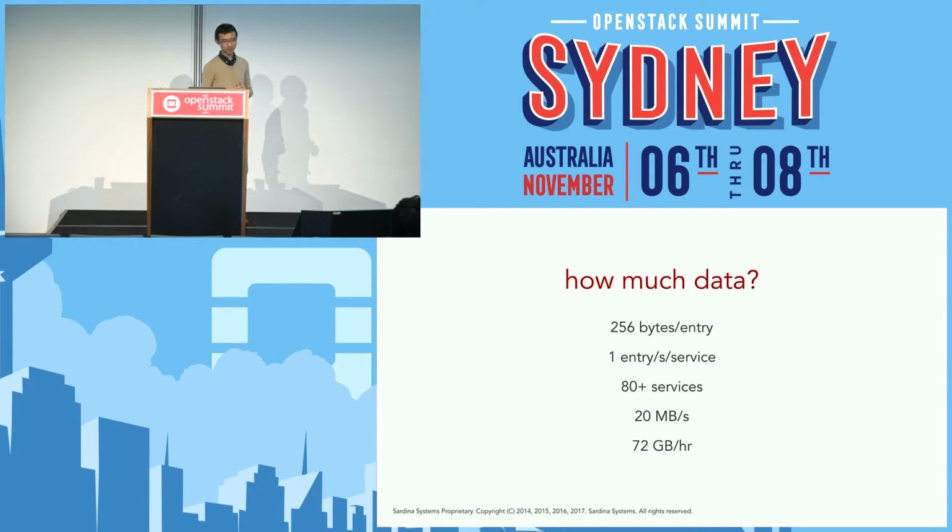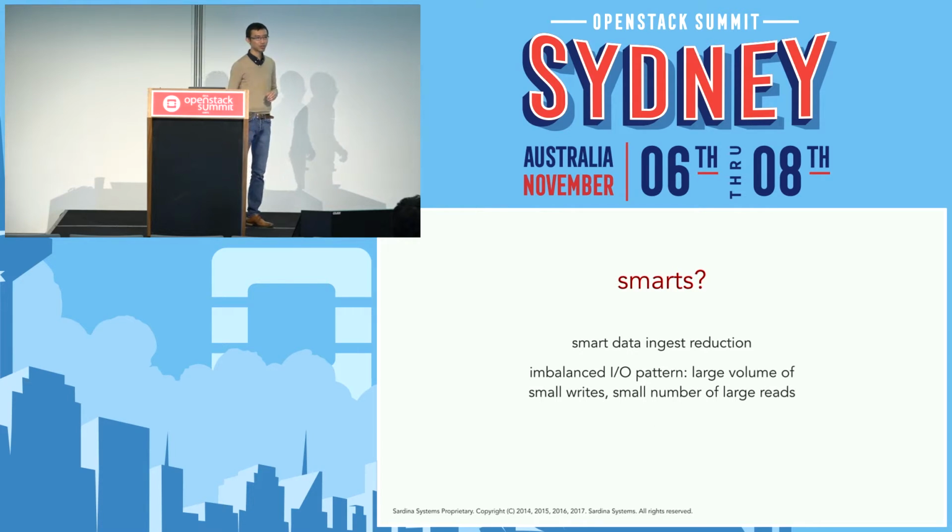What about logs? Logs is a little bit easier. If you have 256 bytes per entry, and you get 1 entry per second and 80 plus services, that only works out to be 72 gigs per hour. It's quite easily manageable. So, smarts, we need to know what to ingest, how to reduce the data ingestion.